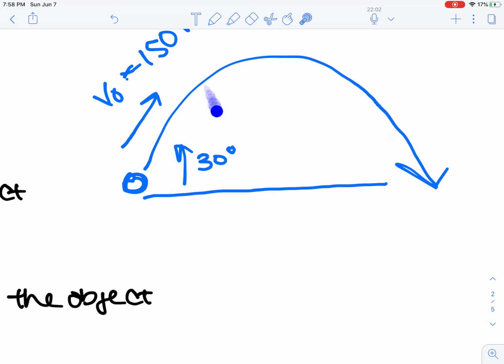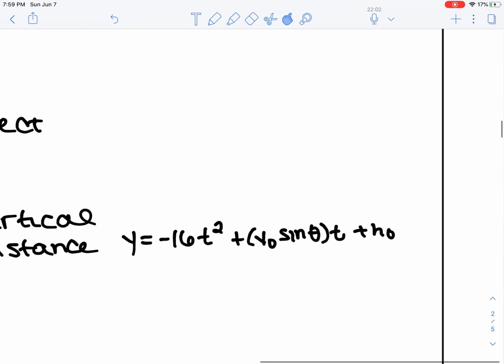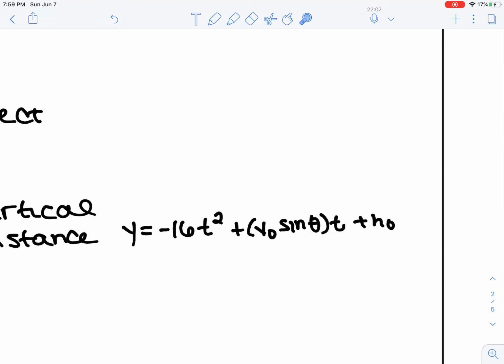How steep or how wide that is depends on some other factors in the equation. Carrying on, we have y equals negative 16t squared plus our initial velocity times sine, which matches with y, so things are checking out there. Sine of our angle of projection times t, and then we have this initial height, which should make sense. We're hitting, throwing, or dropping something from a certain height, and we're measuring the path and the change in height from that initial height.